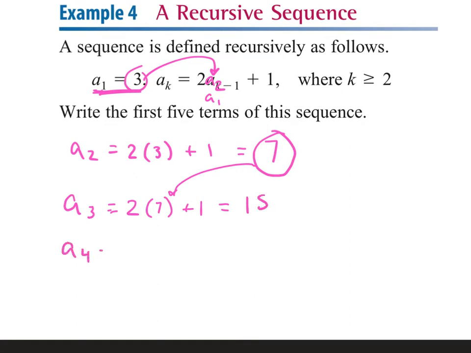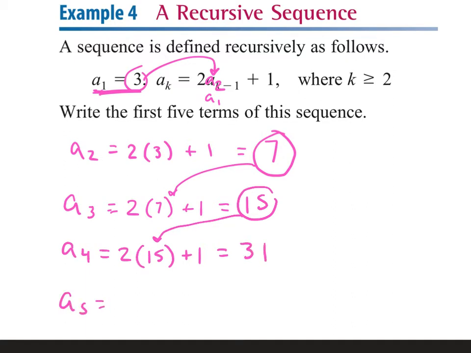To find a sub 4, we use 2 times 15, the term before, plus 1. What's 2 times 15 plus 1? 31. And then to find a sub 5, what would our equation be? 2 times 31 plus 1. So what does that give us for a sub 5? 63.